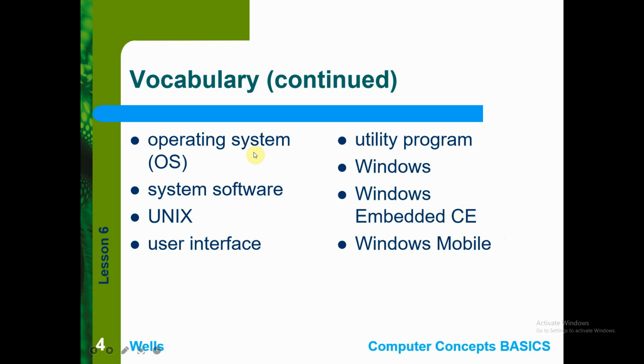And also we have the OS or the basic term for operating system, the system software, the Unix, user interface along dashboard na makita nyo. Utility programs, the Windows, so that is an example of a user interface. The Windows Embedded CE and Windows Mobile.